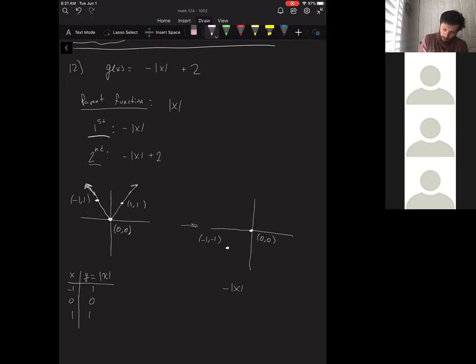And then the point on the right, the x value is 1, that's not going to change. But that positive 1 for the y value, we multiply by minus 1, so it turns into minus 1. So we'll have 1, minus 1. Okay, and then we connect these dots with that same V shape.